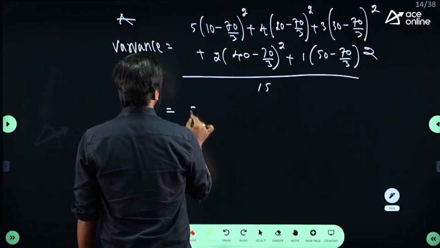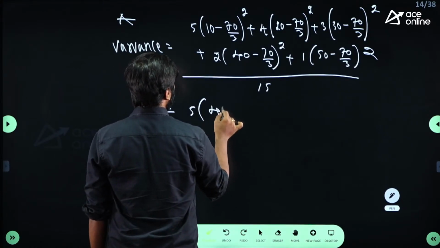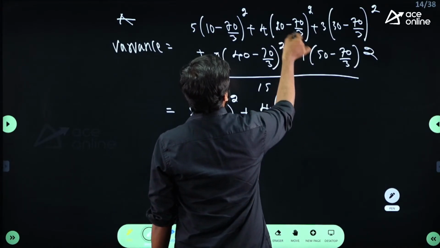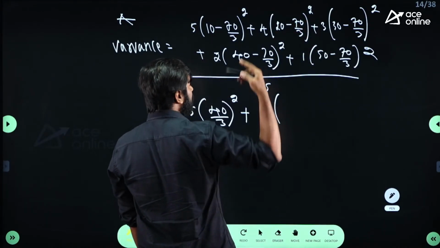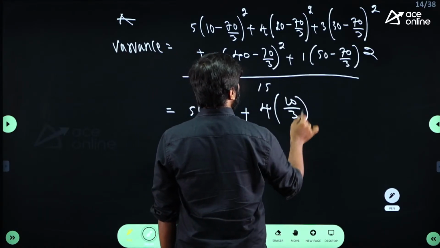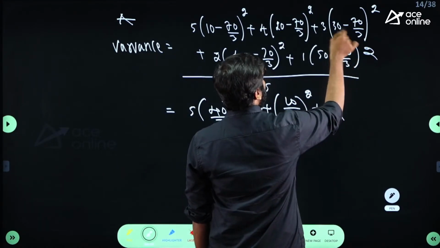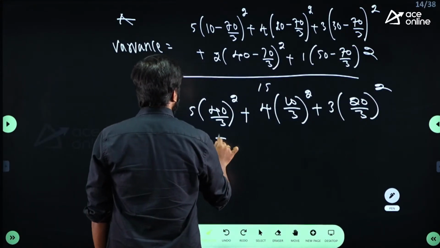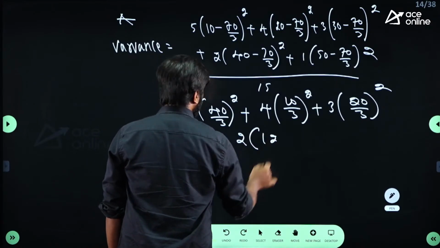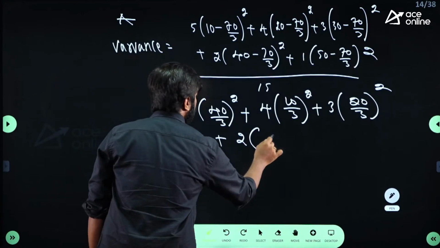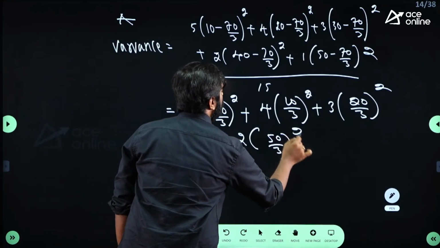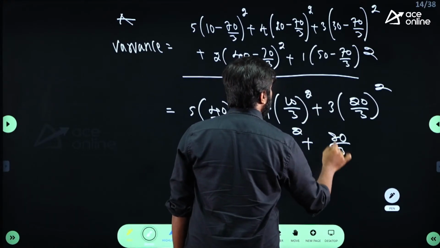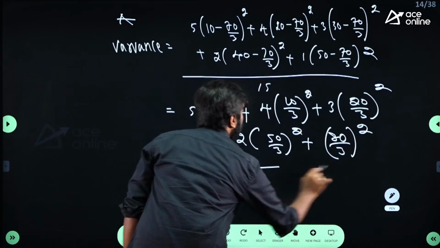So what you have is 5 into 40 by 3 whole square plus 4 into, this is 60 minus 70, minus 10, but there is a square, so it's 10 by 3 whole square, plus 3 into, this is 90 minus 70, 20, so this is 20 by 3 whole square, and then plus 2 into 120, 120 minus 70 is 50, so it's 50 by 3 whole square, and then 150 minus 70 is 80, so it is 1 times 80 by 3 whole square, and then you have in the denominator 15.